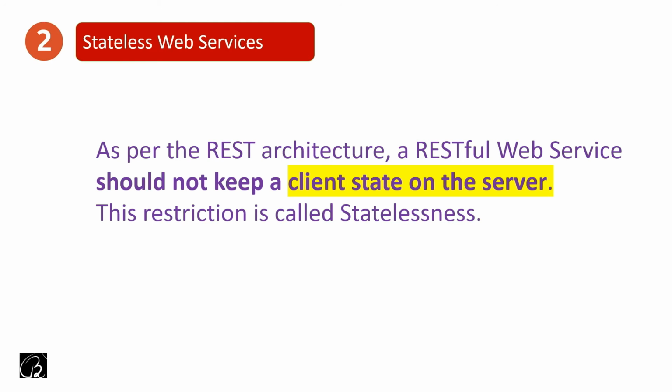This is also because of container orchestration, where we are distributing multiple containers across multiple servers. All right, and this is why if you are creating a RESTful web service, you should not keep client state on the server. As an example, if you're using a JSON web token, then we don't have to store session information for that client on the server. So this is the second architectural constraint for REST API.